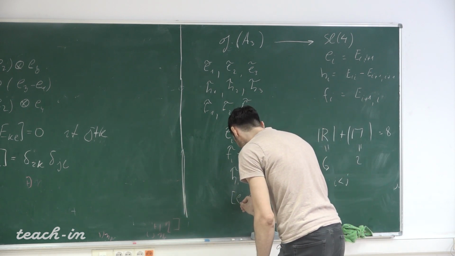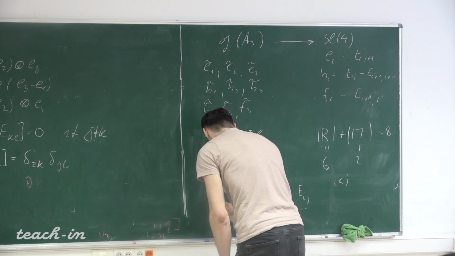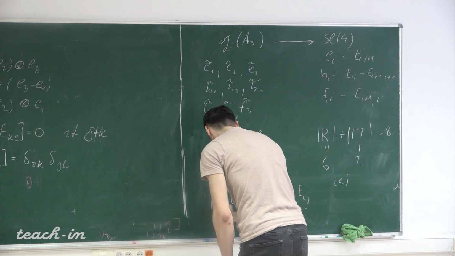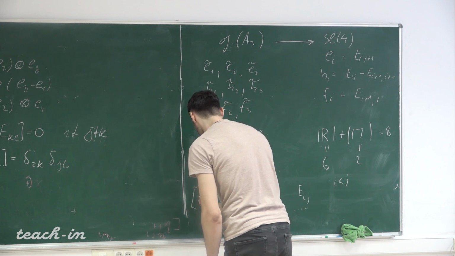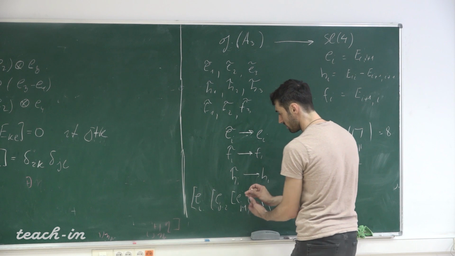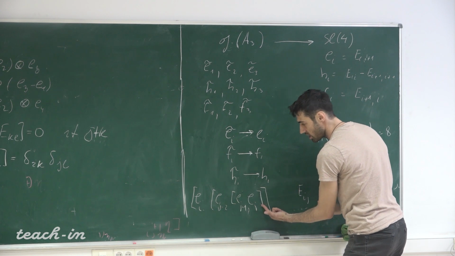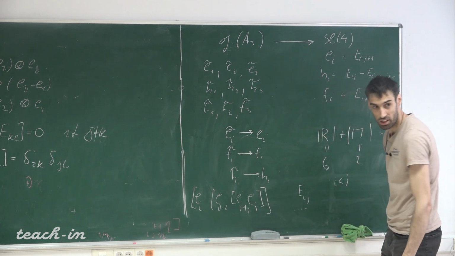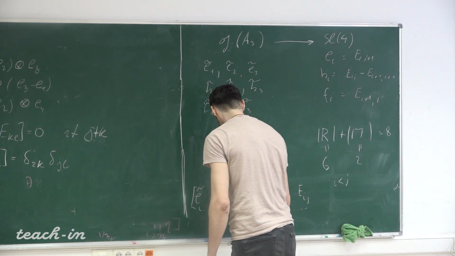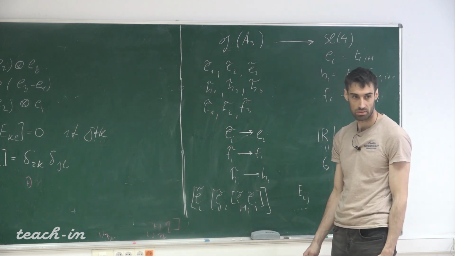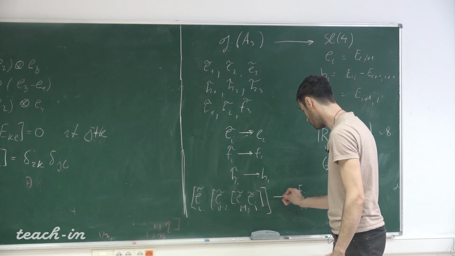So e_{j-1}, e_j, then e_{j-2}, and so on until I hit e_i. So it's like this, right? I start from e_i, and then the last element is e_j. I claim that this goes to, and all tildes here, this is some element in here, right? I generated something. I claim that the image of this is e_ij.